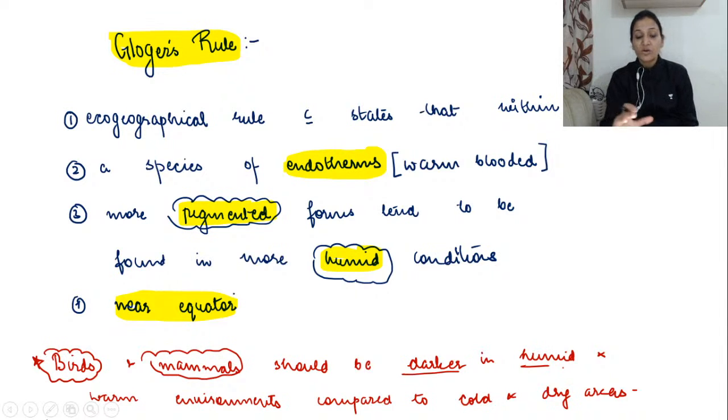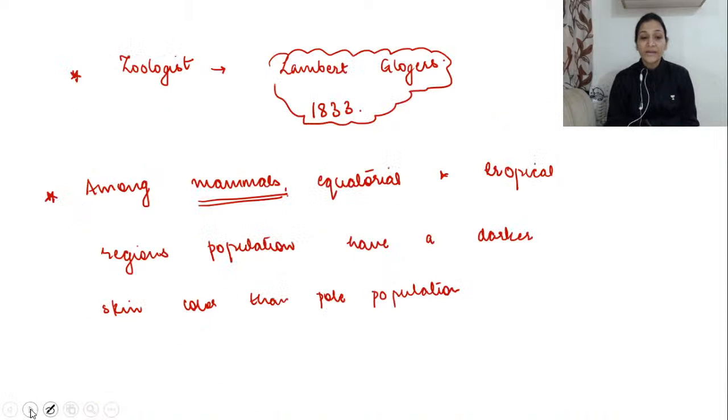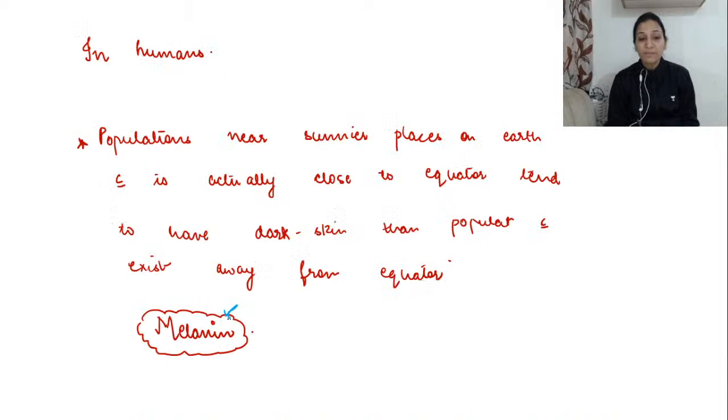So what kind of colors are actually affected by Gloger's rule? It is mainly related to the melanin pigment, because melanin pigment is mostly found in mammals and birds.